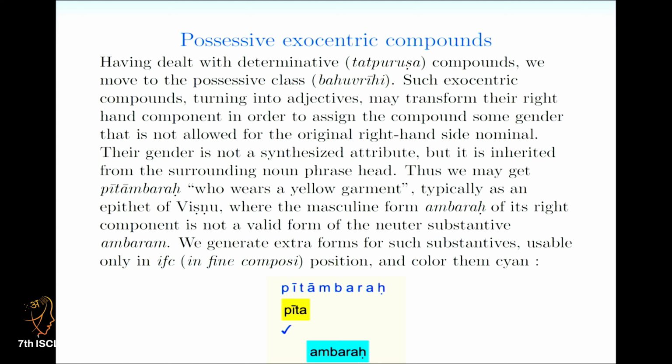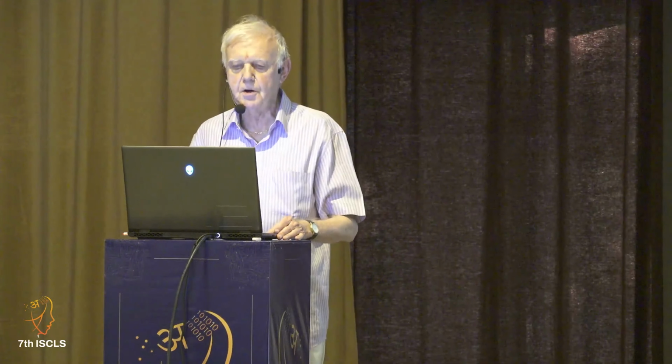Okay, so it means you cannot understand it standing alone. You have to associate it with a Visheshya. So it's like an adjective. So they may transform their right-hand component in order to assign the compound some gender that is not allowed in the original right-hand nominal.